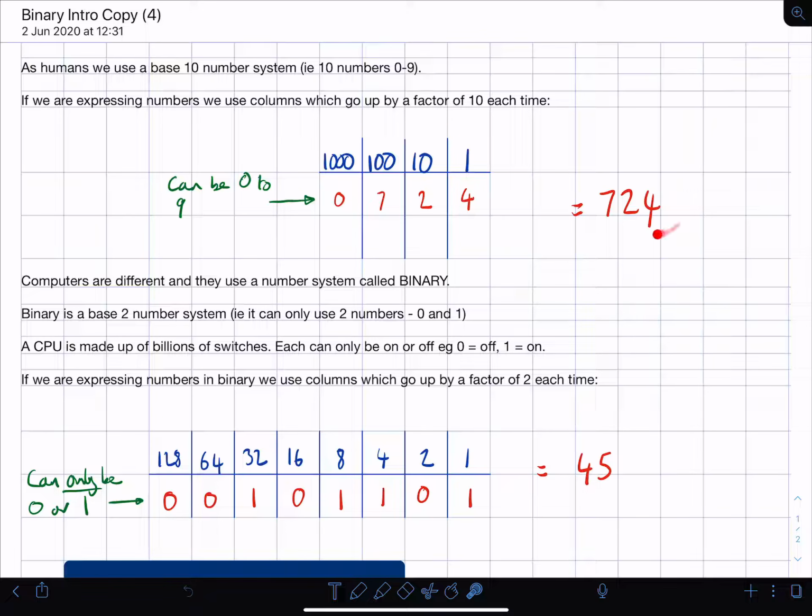So if we wanted the number 724, we'd have 7 hundreds, 2 tens, 4 units. In these columns we can use any number from 0 to 9. I couldn't, for example, put a number like 19 in there. I'd have to go to another column. So we can only use the numbers 0 to 9. People think we have this number system because we have 10 fingers.